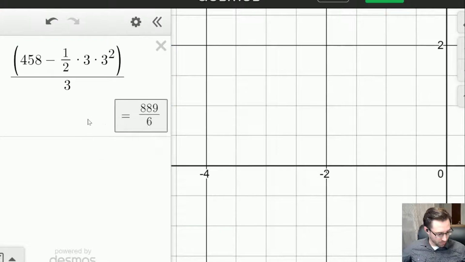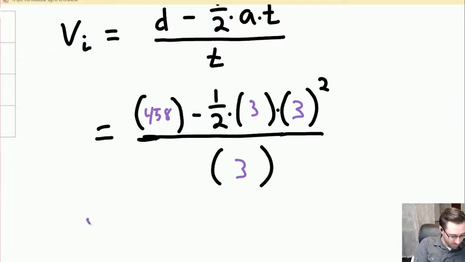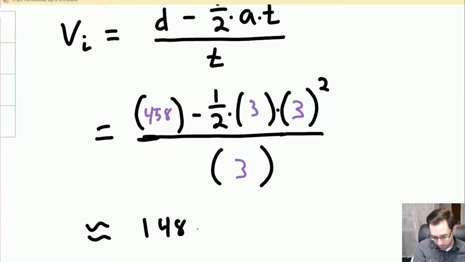If you get a fraction like that, you can just toss it into your phone calculator and get a decimal. So I get approximately 148.166666. So this is approximately 148 and 0.1666 repeating.